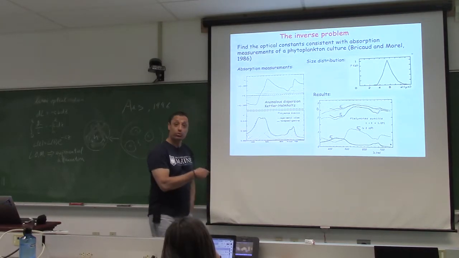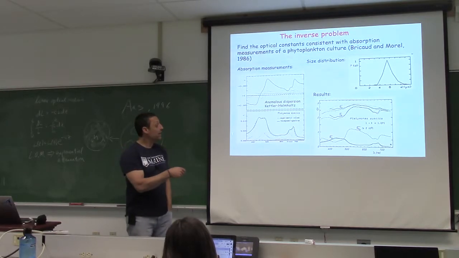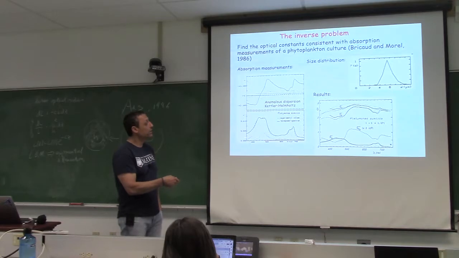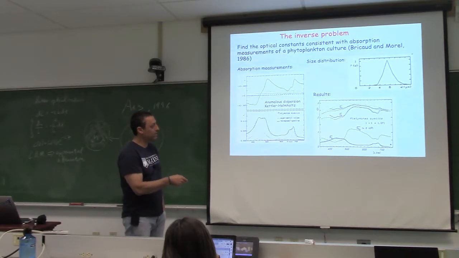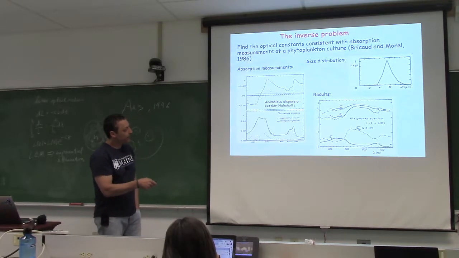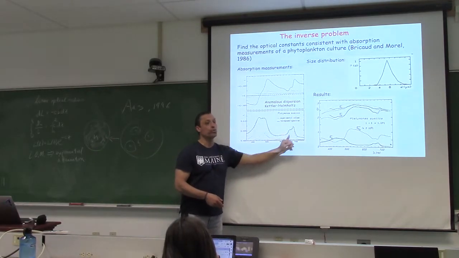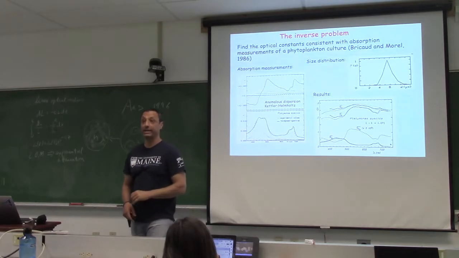So she took an absorption spectrum in the lab, just like you take, and broke it into Gaussians associated with individual pigments that you expect to have in that culture. Many people have done it since, quite a few, including Ali Chase in my lab that you'll get to see.